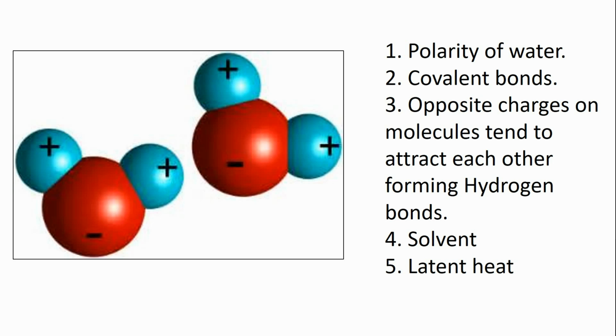So when I say the polarity of water, remember water is made of H2O. We have that strong oxygen that has a very negative potential, and we have those hydrogens being positive charges. And because of the positive and the negative, remember opposites, they push away from each other.